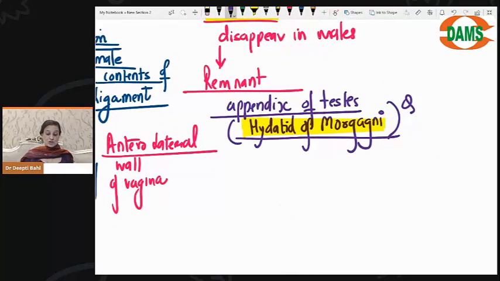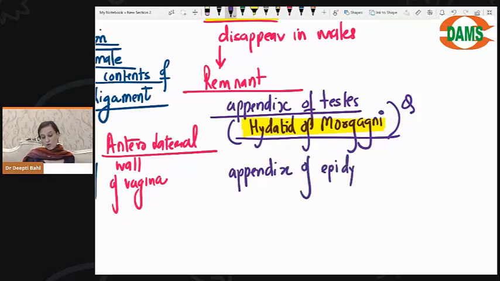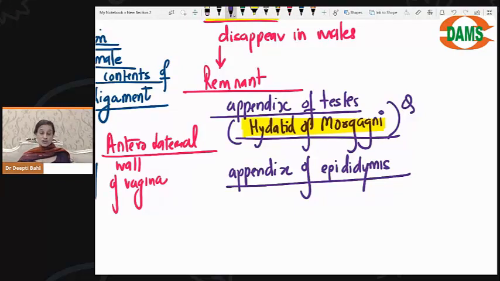So males have another structure which is called the appendix of epididymis.